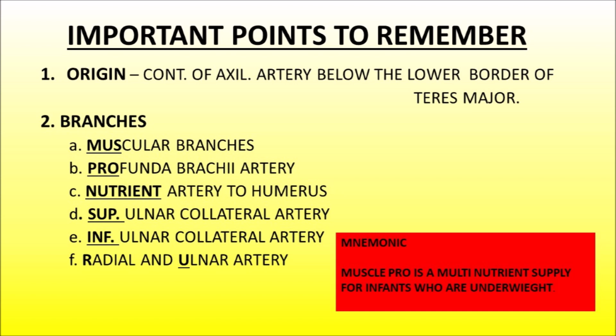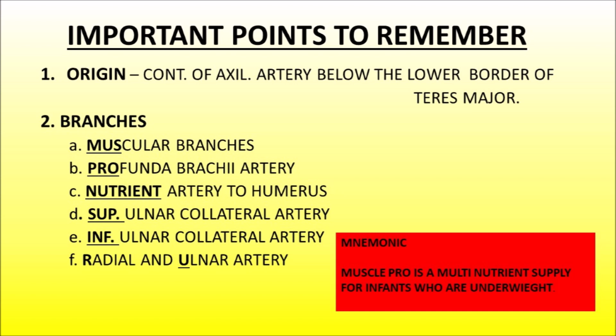In order to remember all the branches, remember the mnemonic "Muscle Pro is a multi-nutrient supply for infants who are underweight", where muscle stands for muscular branches, pro for profunda brachii artery, nutrient for nutrient artery to humerus, supply for superior ulnar collateral artery, infants for inferior ulnar collateral artery, R for radial, and underweight U for ulnar artery.